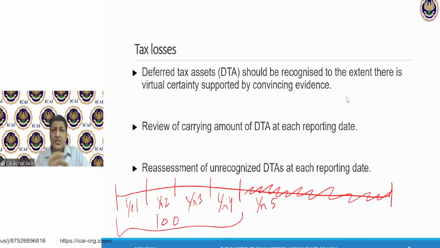I'm not talking about recognition, whether you recognize it or not. Principally, going by the concept we have discussed, will this result in a deferred tax asset or a deferred tax liability, or could it be either way? Over to you. Quickly, please answer this.